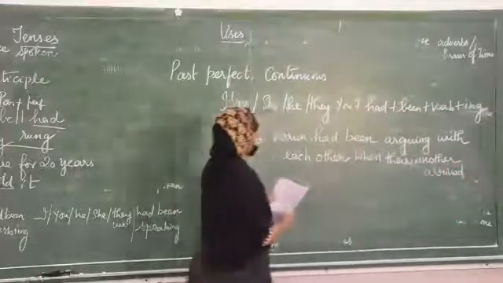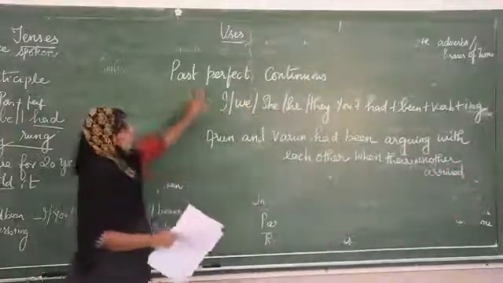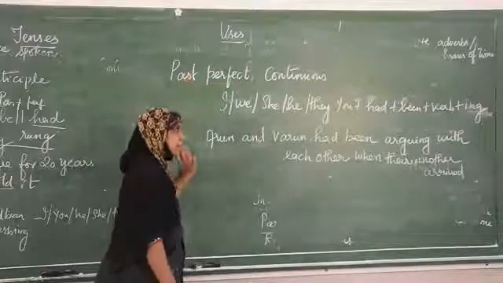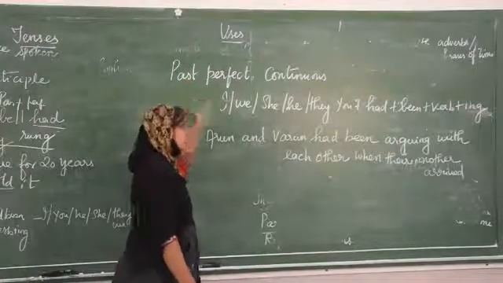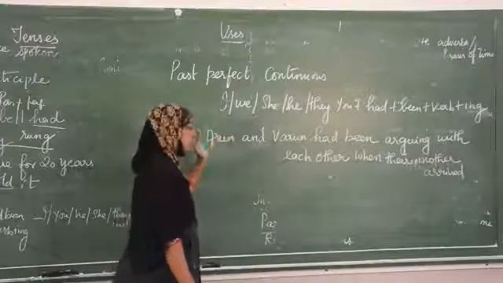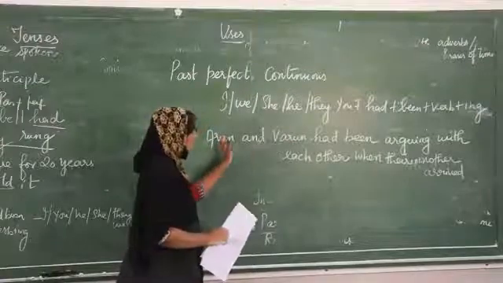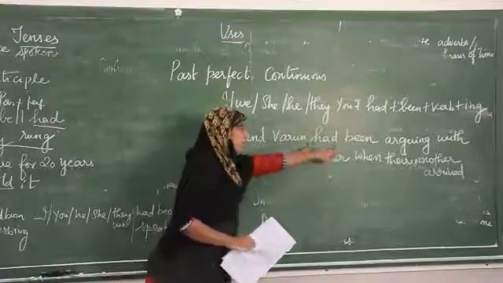Okay. As I told you, past perfect continuous refers to an action which had already begun in the past. It was going on before another action took place. So which action was going on in the past? Arun and Varun had been arguing.